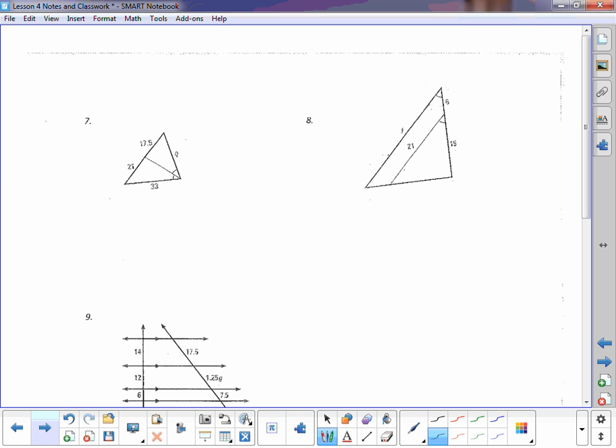You can go in a different order just as long as you maintain that same order. So I'm going to go 21 with its corresponding side, 33, is the same as 17.5 with its corresponding side, Q. I use the piece with its corresponding side equals the piece with its corresponding side.